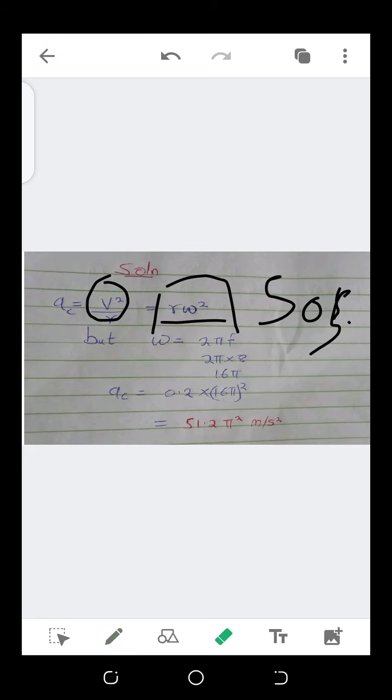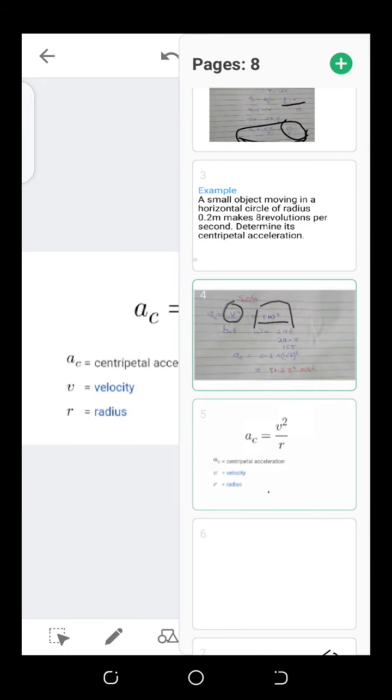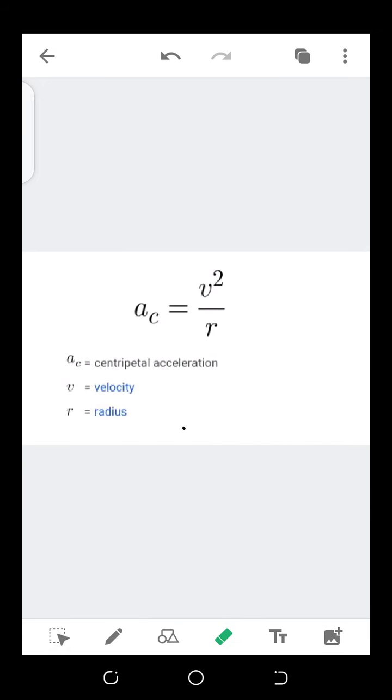So somebody can represent it that way, that the centripetal acceleration, that is a_c, will be 505.32.